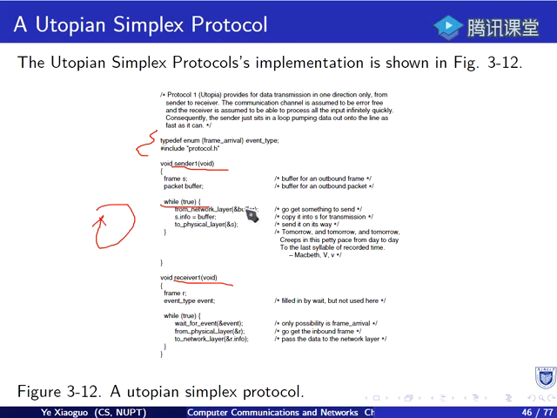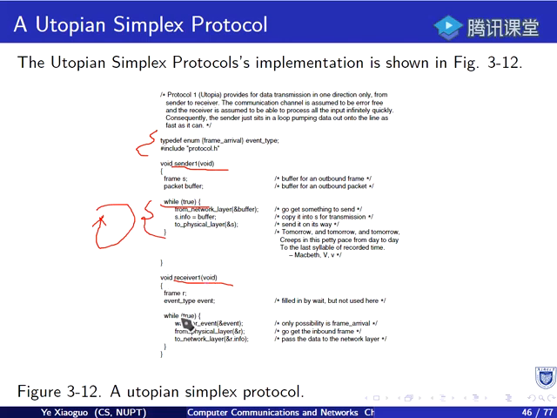Get a packet from the network layer, put the packet into the buffer, encapsulate the packet into a frame, and send this frame to the physical layer, using this kind of interface.